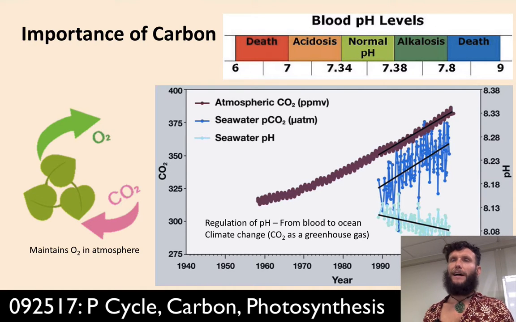It's the concept of a buffer, and I don't want to spend the rest of class going into what a buffer is in detail. But a buffer essentially is just preventing rapid change in a pH. The carbonate that's dissolved in your blood gets there because you're respiring.